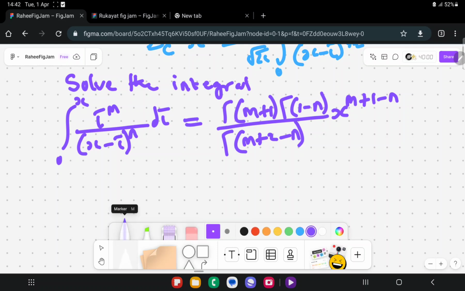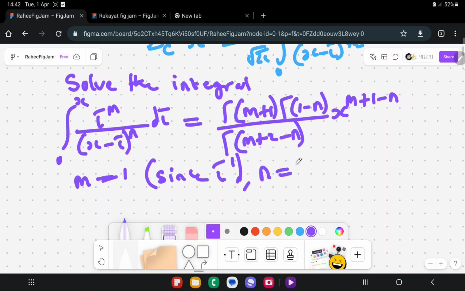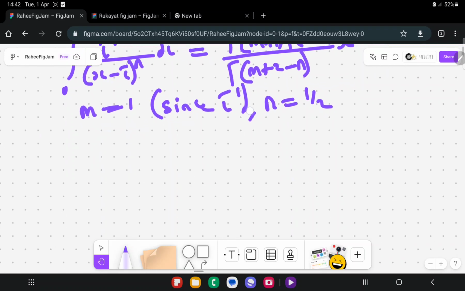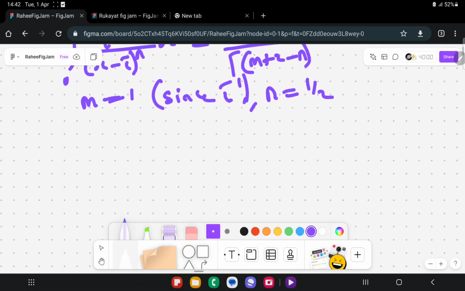What I want us to observe here is that for our case, we have the value of m to be equal to 1, since tau is raised to the power 1. And then we also have our n to be 1 over 2. So now using this formula, let's substitute into our formula.